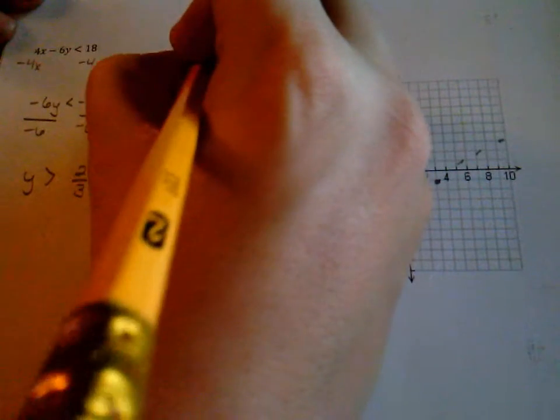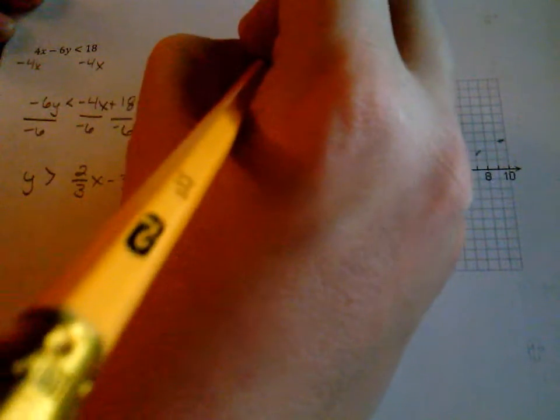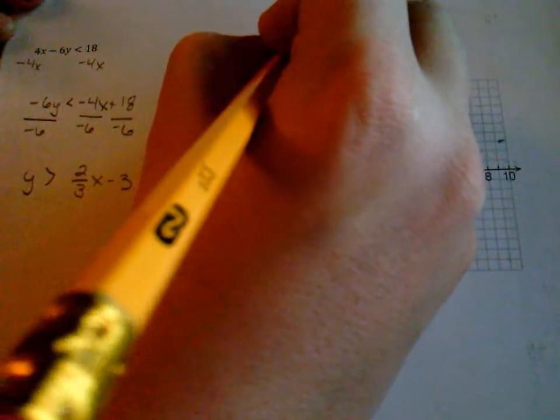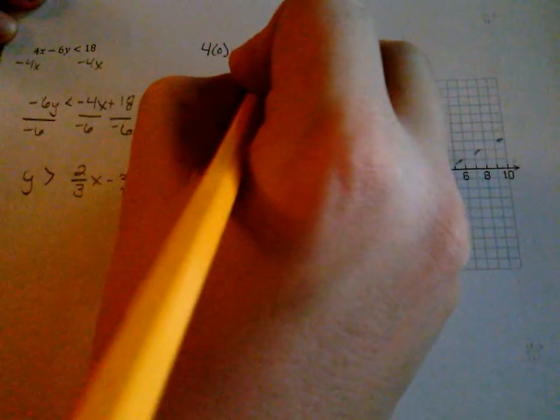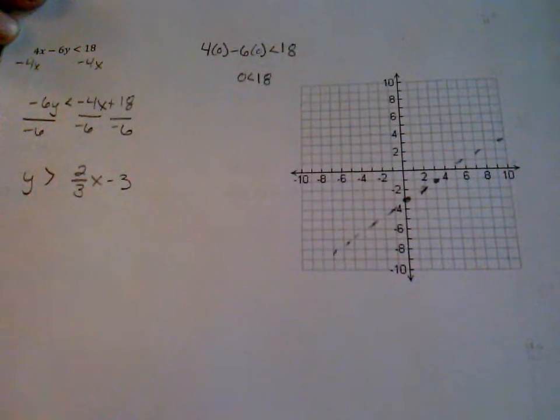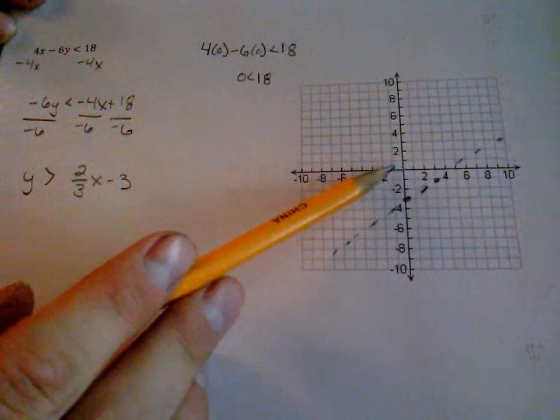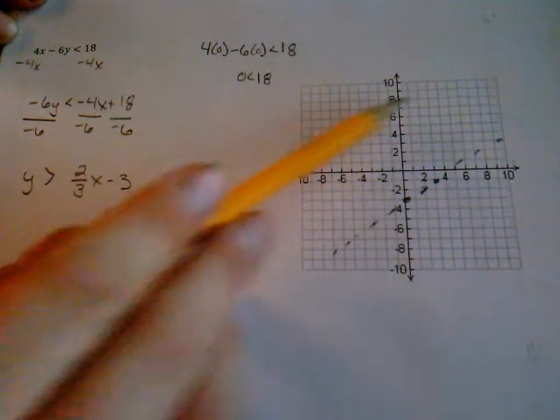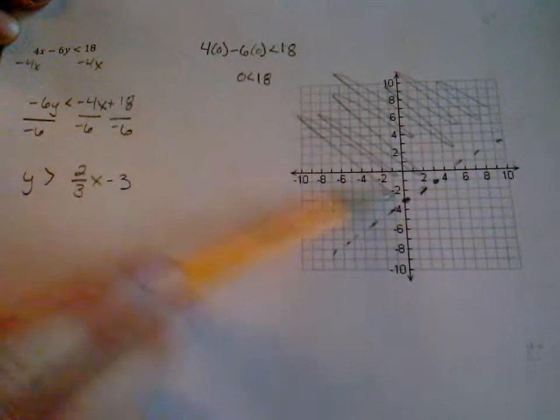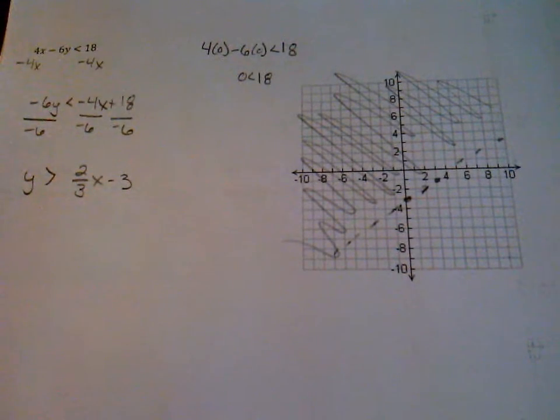So it becomes 4 times 0 minus 6 times 0 is less than 18, or it's just going to be 0 is less than 18. That is a true statement. This is the side that has the test point on it, so I'm going to shade that side.